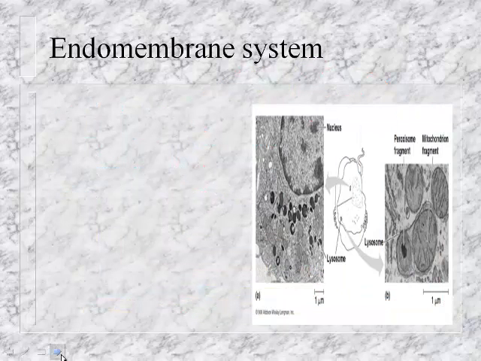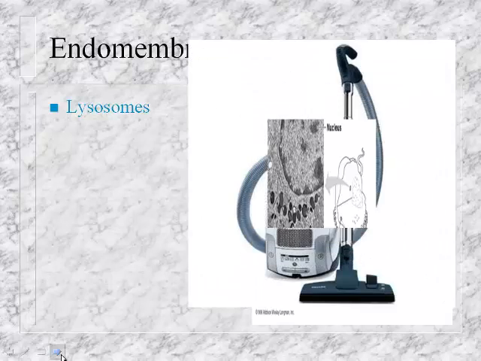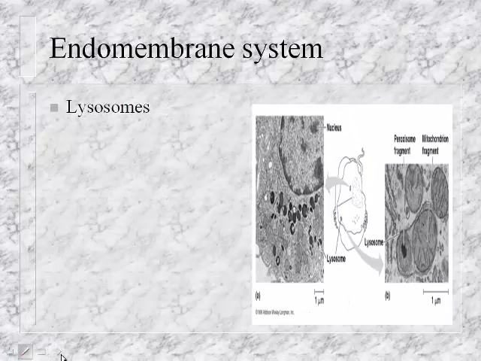Okay, last one, I think, lysosomes. Whoa, that was quick. So what lysosome does, it's pretty much the vacuum cleaner of the body. So it has hydrolytic enzymes, which means that it breaks down products. Hydrolytic enzymes. So it digests big molecules.